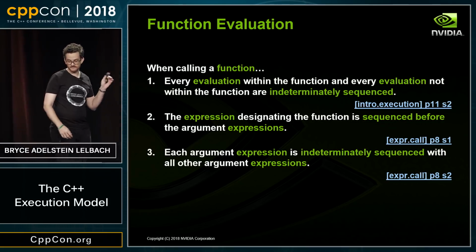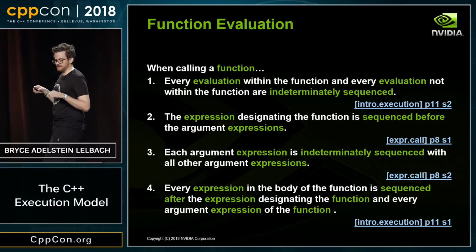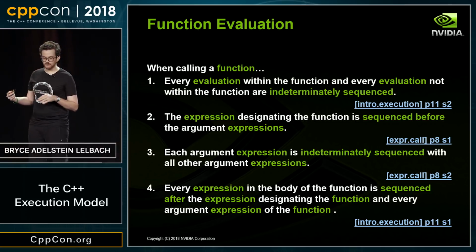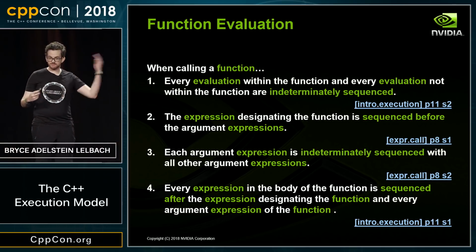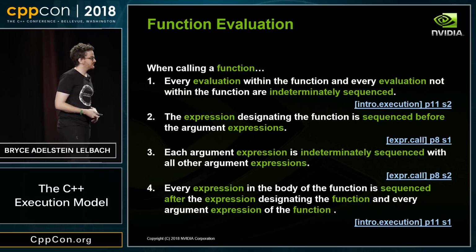I believe it was unsequenced before 17. Every expression in the body of the function is sequenced after both the expression designating the function and every argument expression of the function. This is sort of evident, right? The arguments to your function, you need to know what they are before you start executing the function. So we have these 4 rules here.